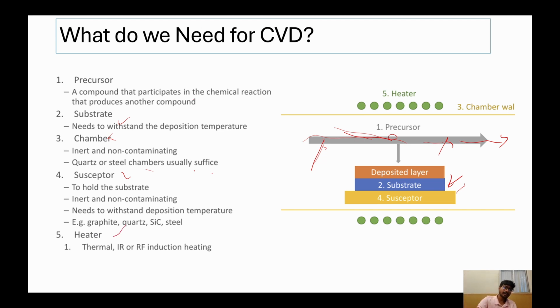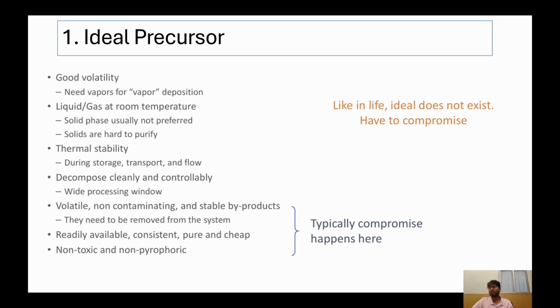Okay, the heater can be a coil heater or IR or RF heater. Most of this is a coil heater over the chamber itself. So these are the things that you need for the CVD.